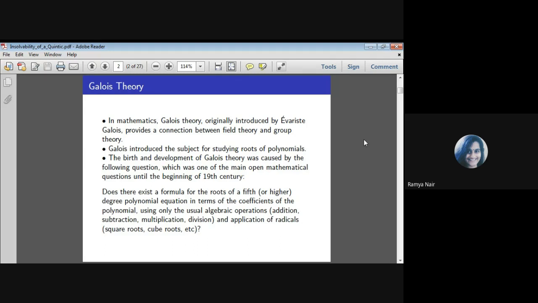A quintic polynomial is a degree 5 polynomial with coefficients in some field like rationals, real numbers or complex numbers. The result that I intend to discuss can be vaguely put as follows: there is no general formula to solve a polynomial of degree 5 or higher.